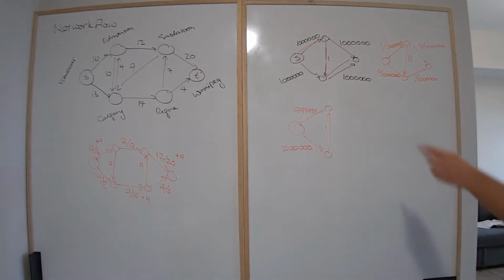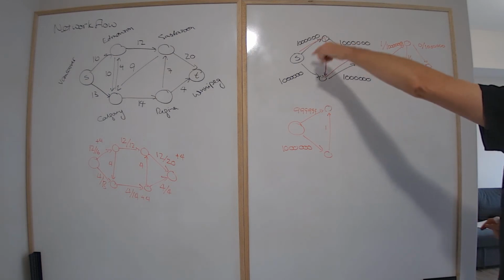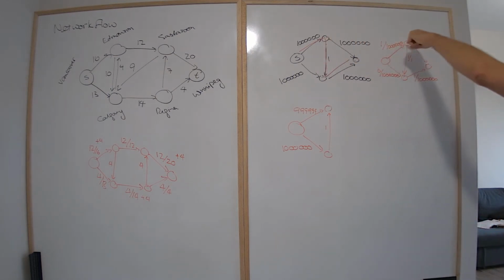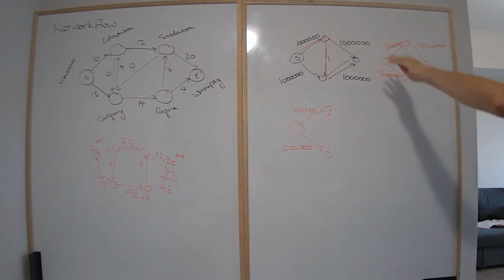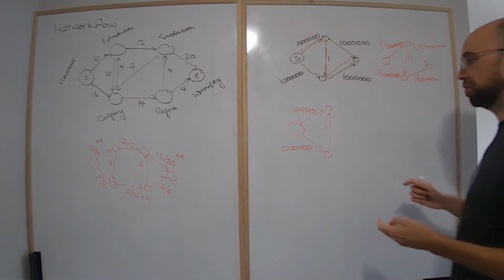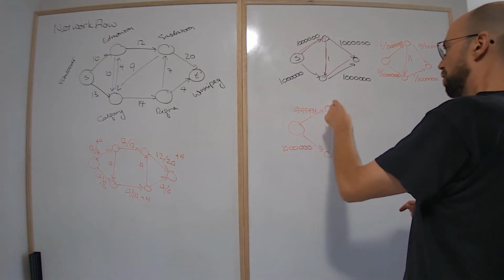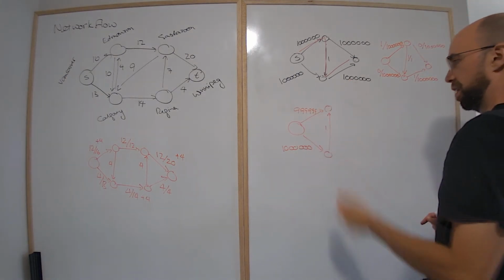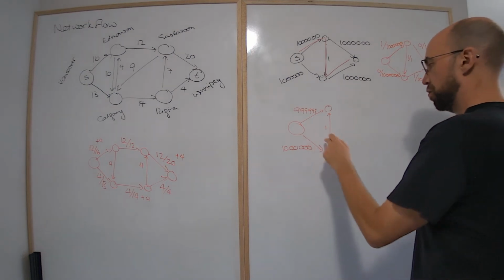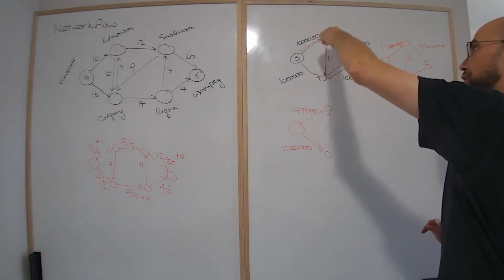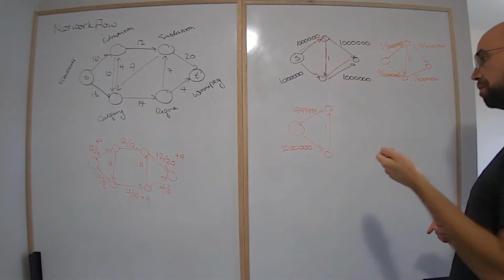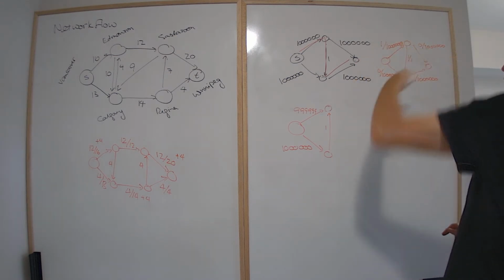Okay, so I chose this augmenting path, so now my flow is 1, 1, 1, and on these two edges the flow is 0. So now I build the residual network, which is the residue here is 999,999. The residue here, I can reduce the flow across this edge by 1. So instead of going down, now it goes up.